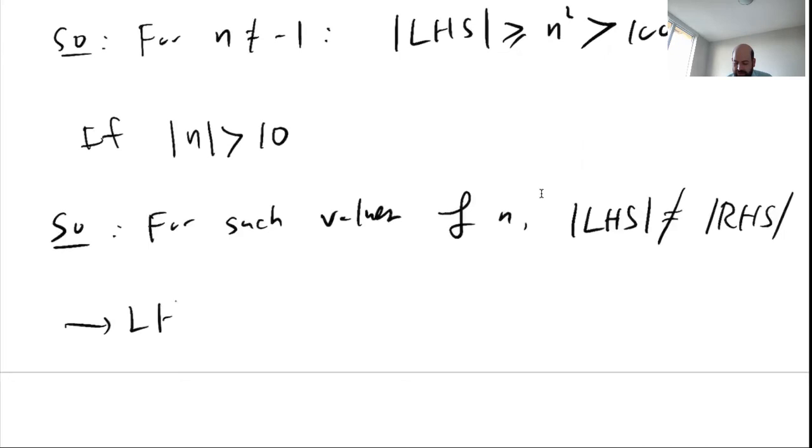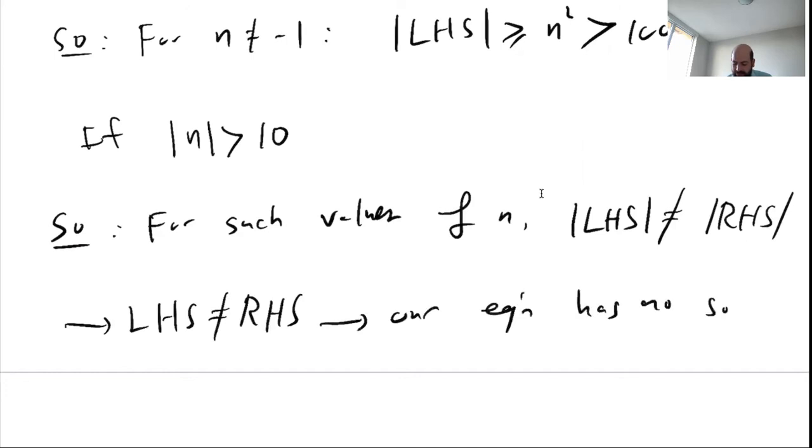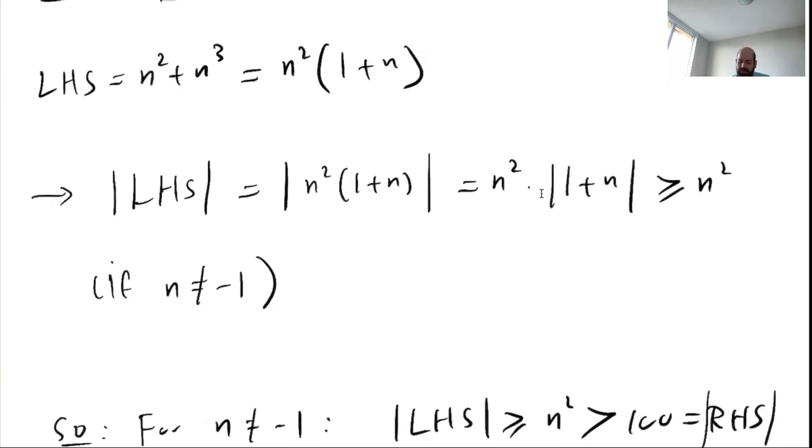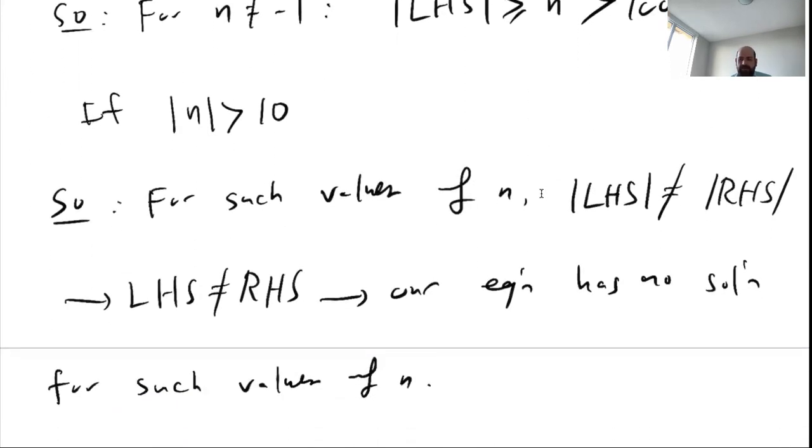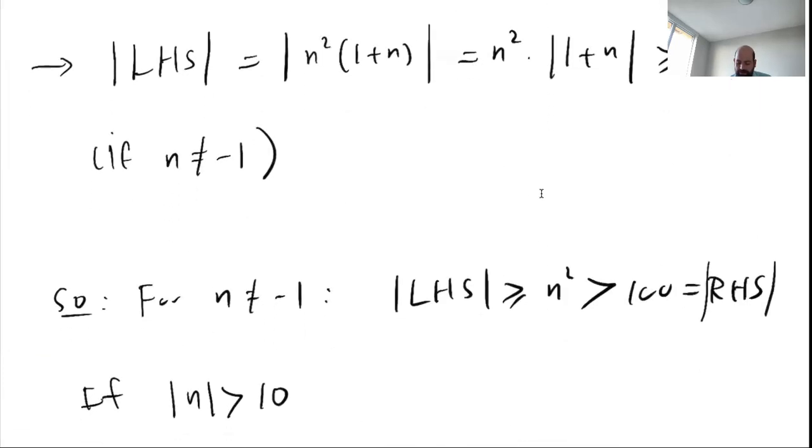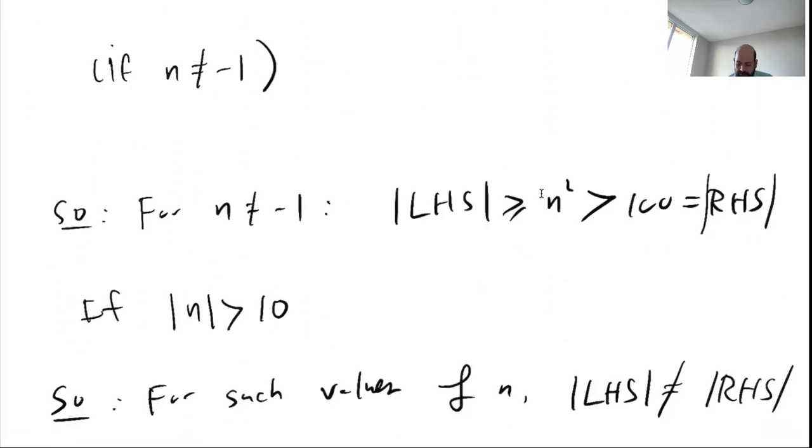And that means the left-hand side is not equal to the right-hand side, and that means our equation has no solution for such values of n. So this was basically our first case, right? So case 1, I can say.